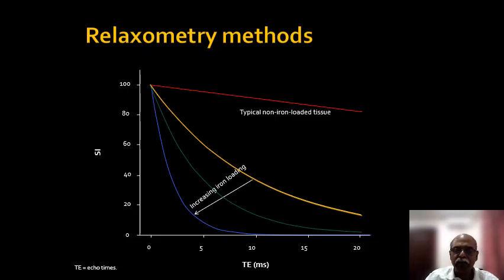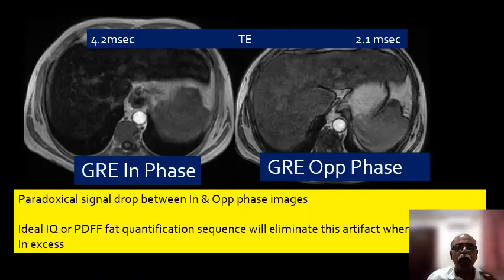Then the iron overload status is very severe. If it is mild, then slowly at 15 milliseconds, 10 milliseconds, the signal decay occurs. Now, what is the important point here? When you start doing a T2 star technique, signal decay occurs.